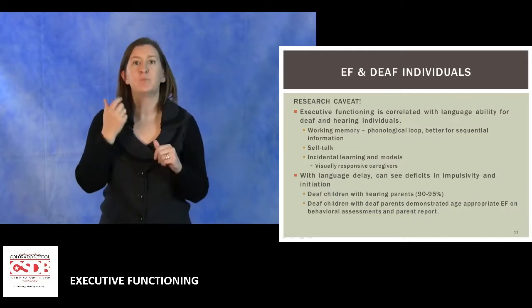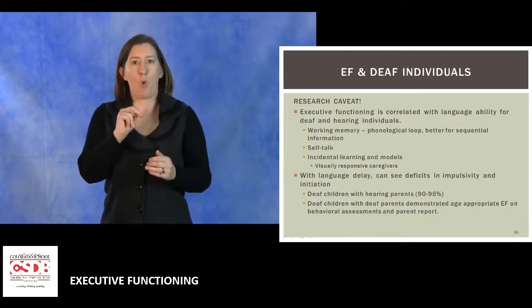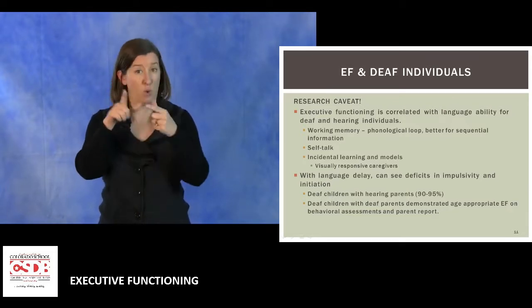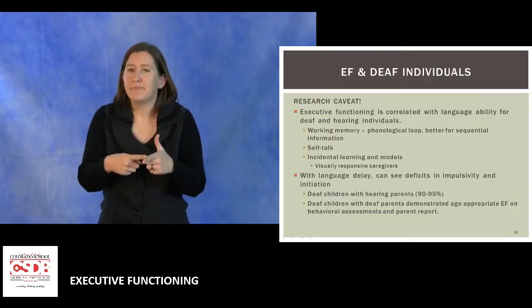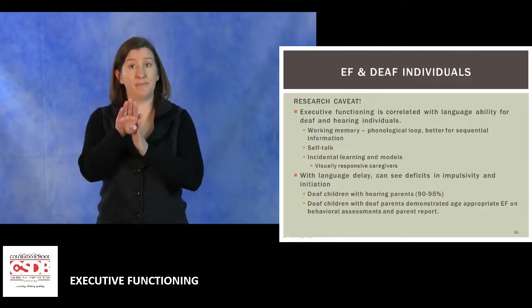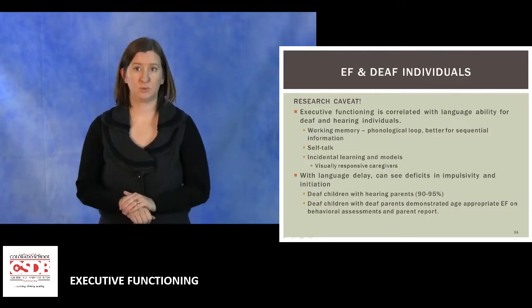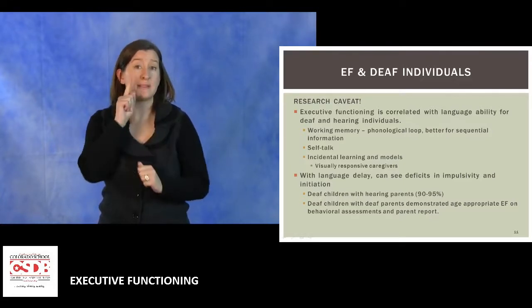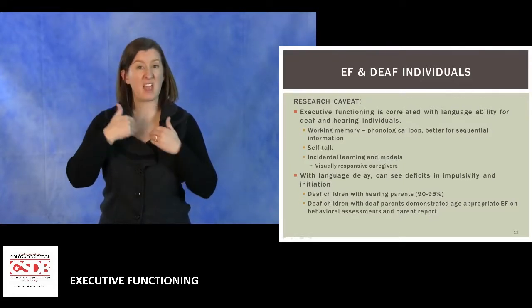So when they're hearing that information, they internalize that information. It becomes part of their own talk. If they don't have that exposure to language, then maybe they won't be able to develop that EF skill.